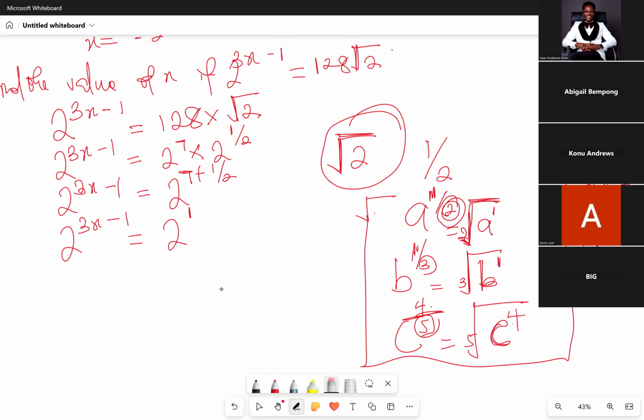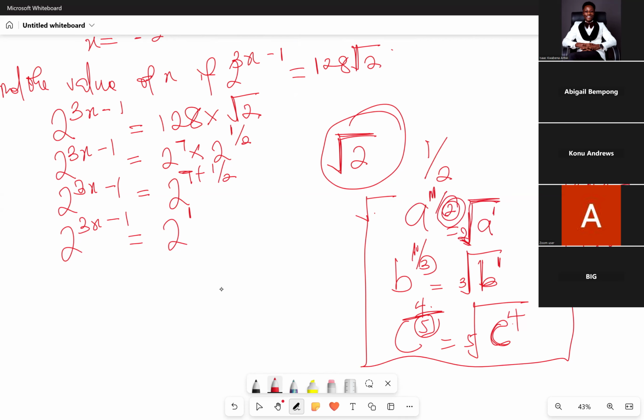The root here is 2. Normally for square roots, we don't like bringing the 2. The denominator gave us the name of the root. Then the a is standing alone, meaning it has an index of 1, so it's 1 over 2.